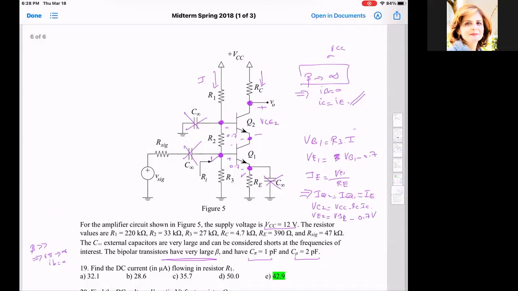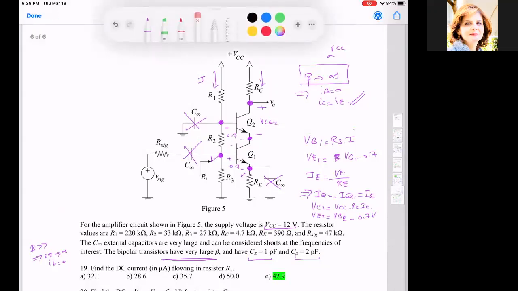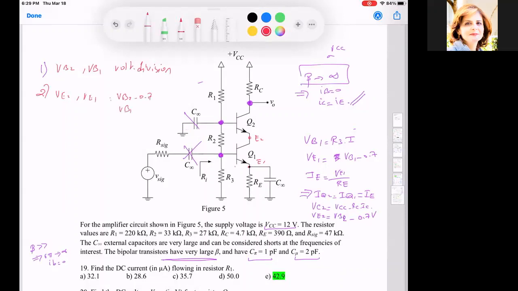So if we want to follow the steps we went through in this circuit, let us go over them again. First, we found VB2 and VB1 by voltage division. Second, we found VE2 and VE1 as VB2 minus 0.7 and VB1 minus 0.7.